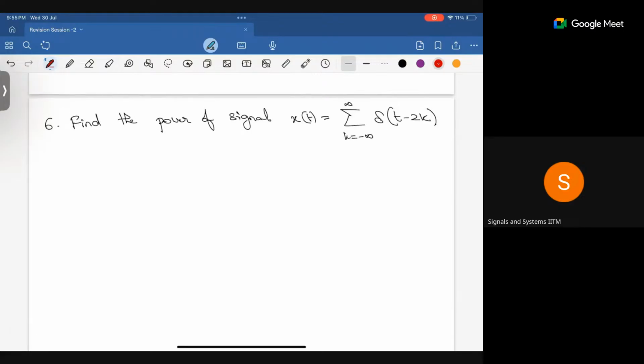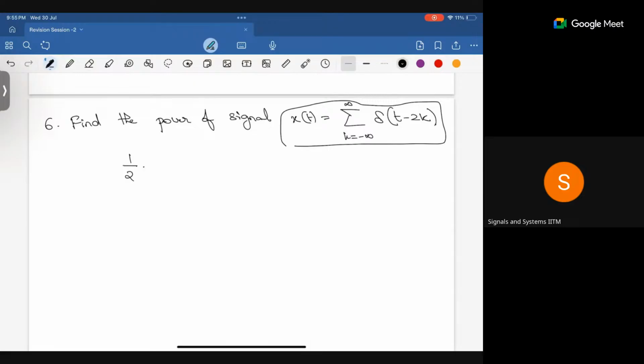Solve the same problem. Above I gave it graphically. Below I'm giving it like this. So this is x of t for us. And I have to compute the power.